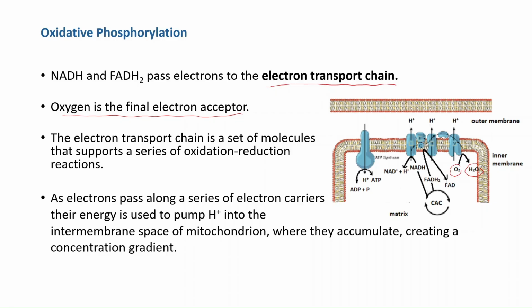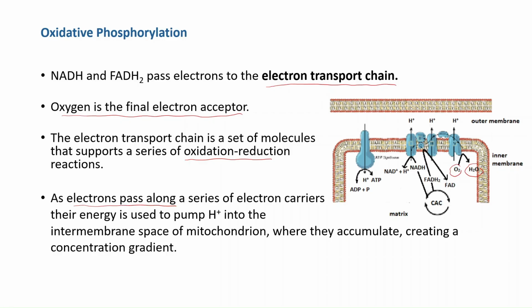Okay? What we have in the electron transport chain is a set of molecules, and we're not going to get into details, that supports a series of oxidation reduction reactions. That means we are passing electrons along. It's like a bucket brigade. A molecule picks up an electron and passes it on to the next molecule. And then that molecule passes the electrons to the next molecule.